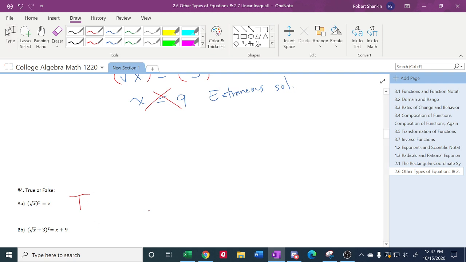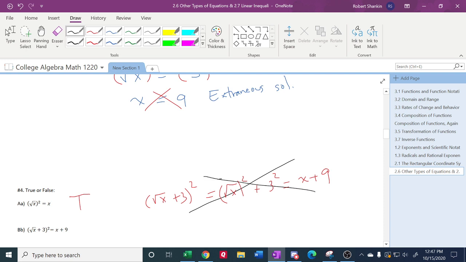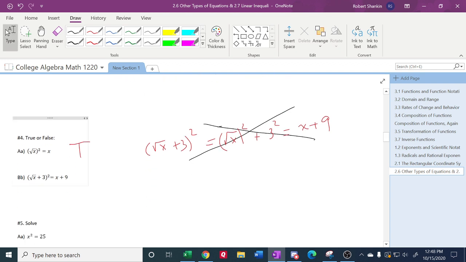This one, if I take square root of x plus 3 squared, I'm really tempted to do this. But this is not correct. You cannot distribute the exponent to more than one term inside there. The correct way to expand it out would have been like this.